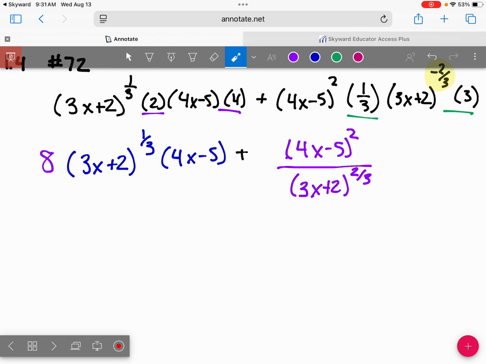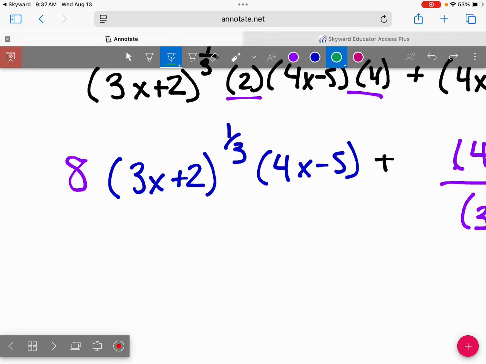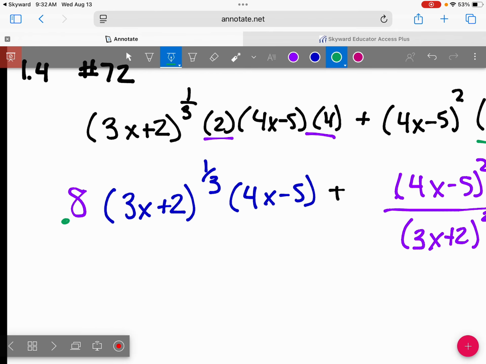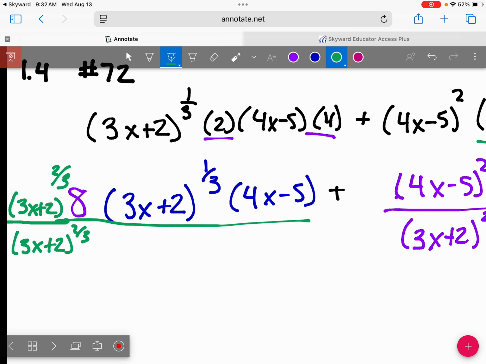So that means I need to multiply this left-hand side by the denominator, that thing over that thing, so that we can have a common denominator. So I'm going to multiply 3x plus 2 to the 2/3 over 3x plus 2 to the 2/3. I know it's making our denominator very gross, but it's okay. We can do that.